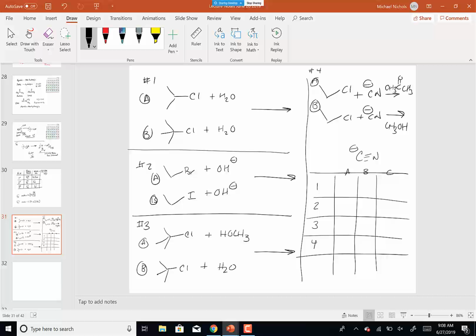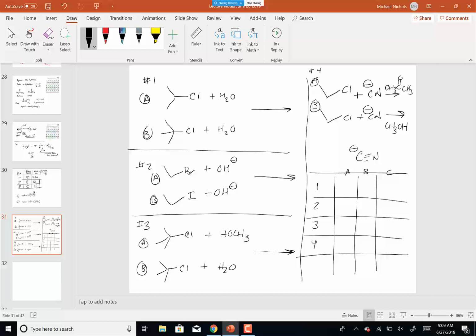So, let's go through these one by one and see what we got. Okay, so we'll start with number 1. With A, which one is faster?